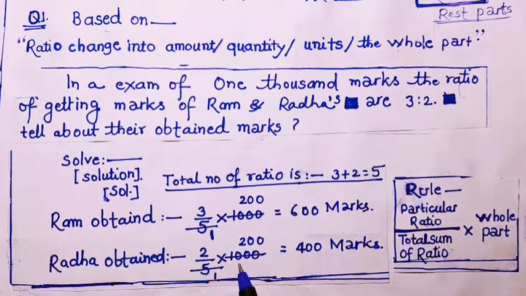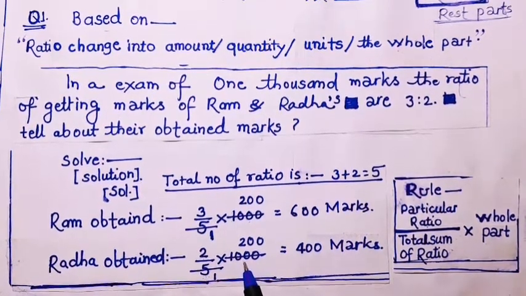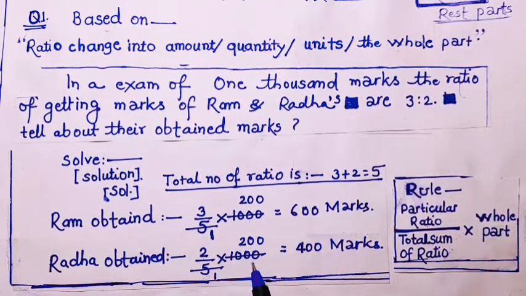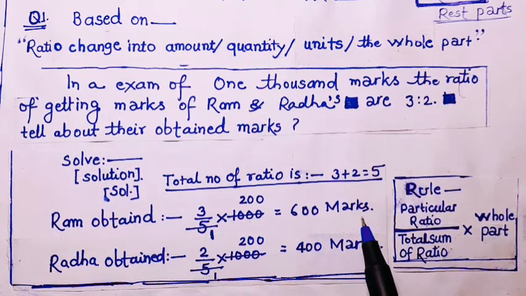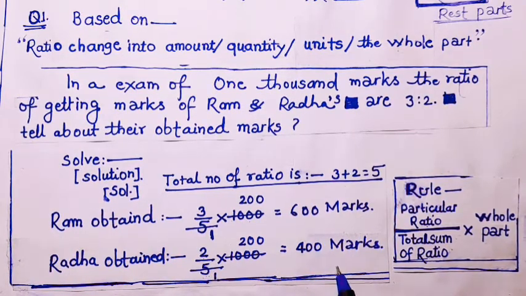The whole part is 1000 marks. So finally in this way, after dividing this number, we get 400 marks. So Ram obtained 600 marks and Radha obtained 400 marks, and here the rule is given.